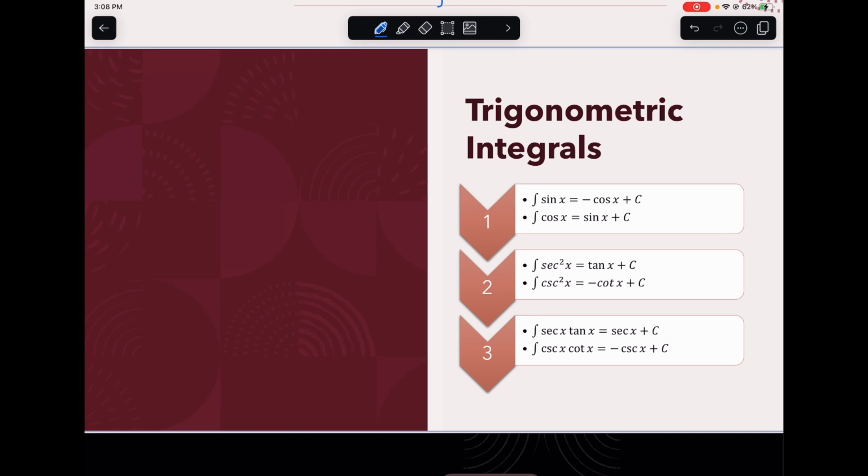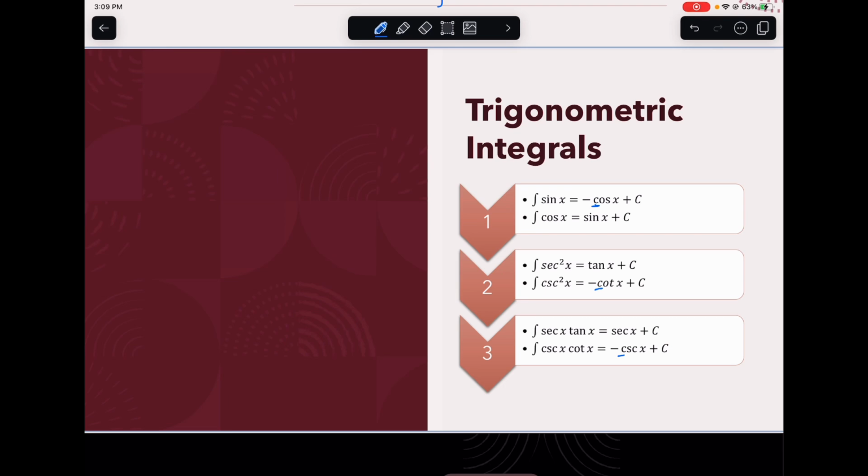So the thing that we need to recall here is that as long as the answer starts with letter C, this is negative cosine, this is negative cotangent, and this is negative cosecant. As long as it starts with letter C, then the sign will be negative.